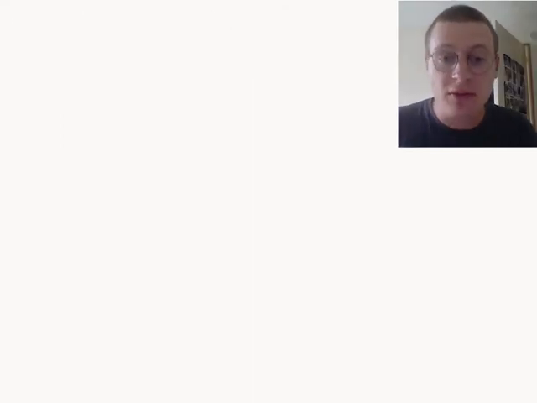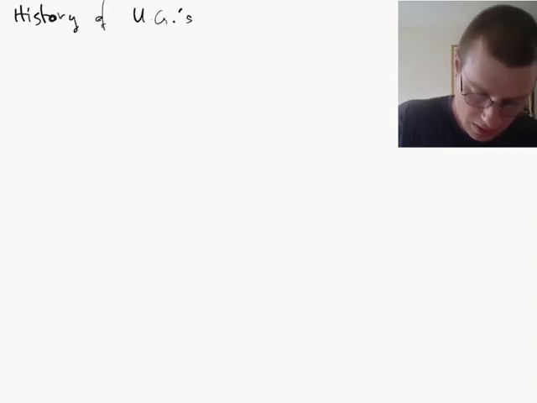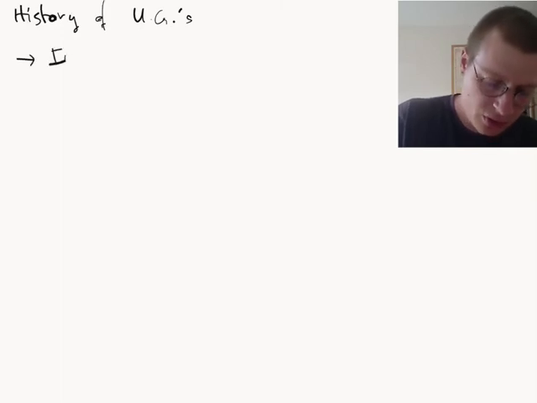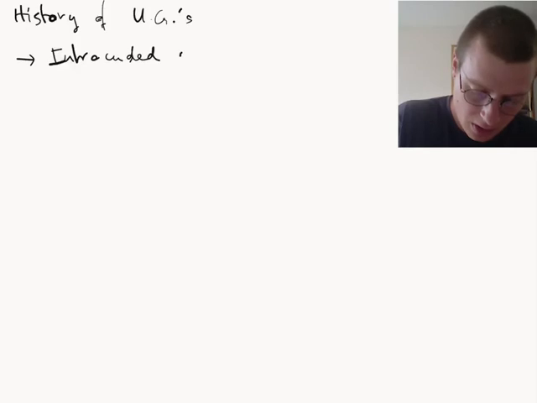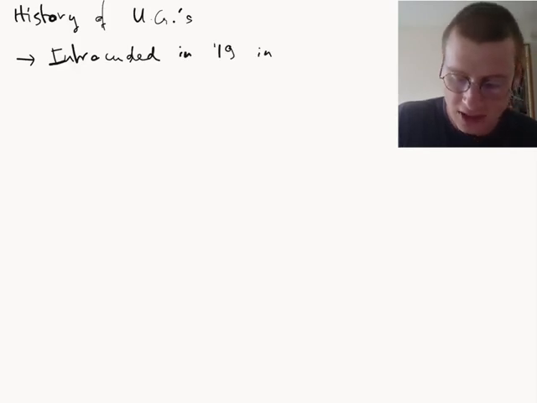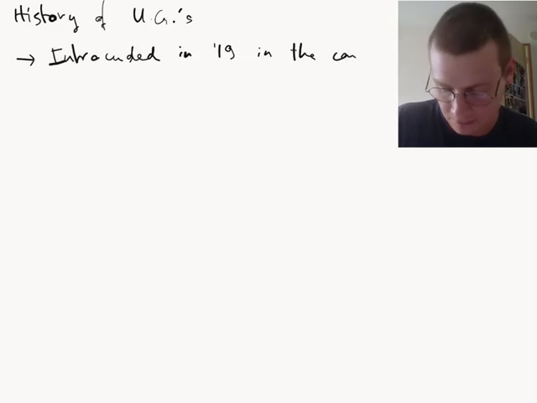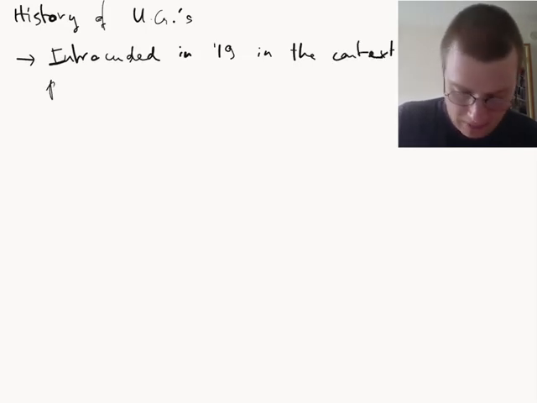So let me now give a brief history of universal graphs. These were introduced by Colcombet and Fijalkow in 2019 in the context of parity games.